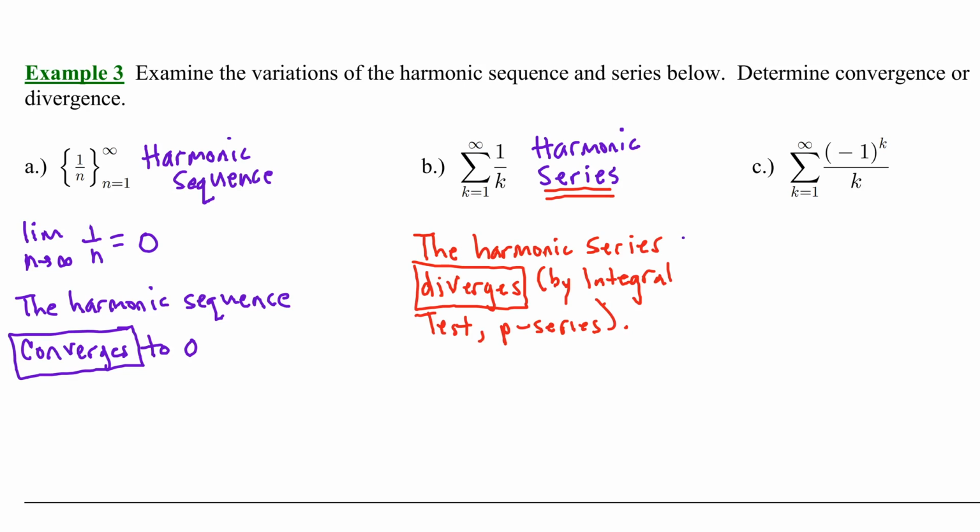So let's see what happens when I introduce this term. So notice here my a sub k term is the same as what we had over here for the harmonic series. So with the presence of this -1 to the k, I'm looking at the alternating harmonic series. Since this is an alternating series, we need to apply the alternating series test. The first thing that I need to examine, is it decreasing or more particular, non-increasing?